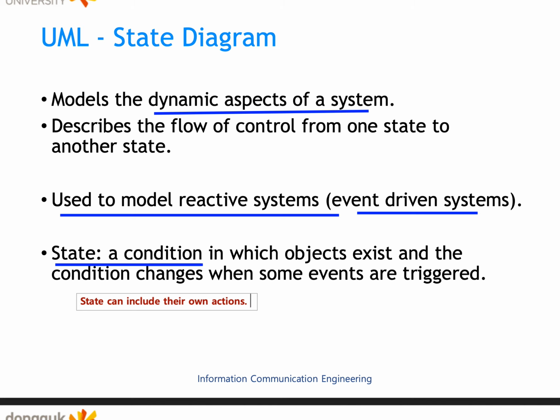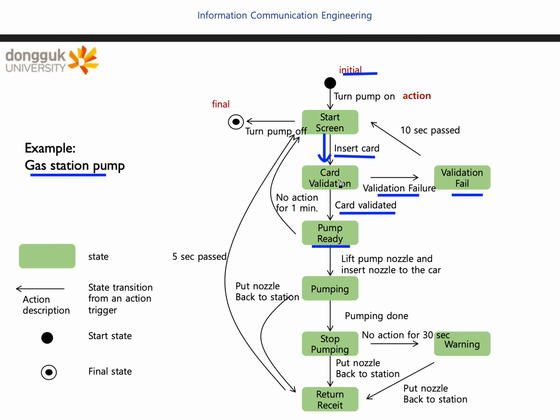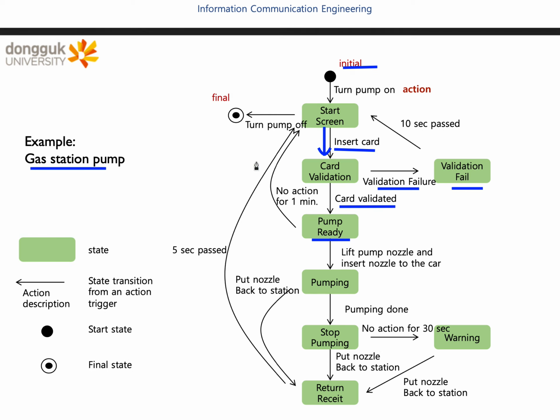In this case, for the card validation state there's no mention, but this state may include some action like validating the card. After validating the card, it has some kind of result, and based on the result, the state can move from the card validation state to the validation fail state or the pump ready state here. That is the gas station pump system.